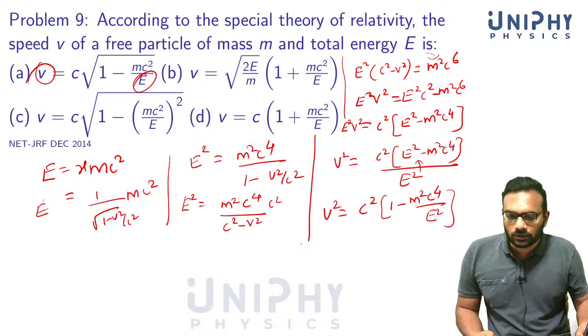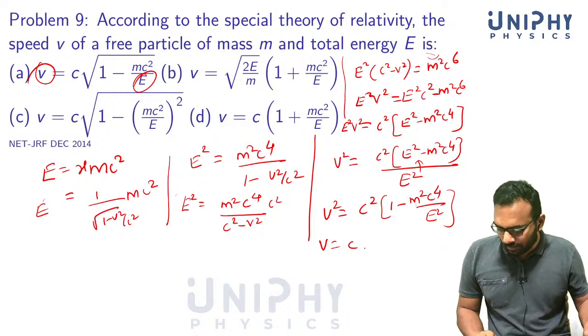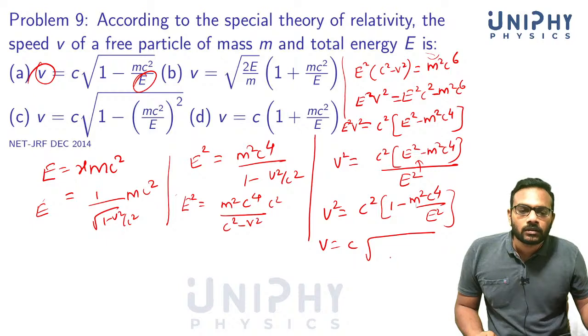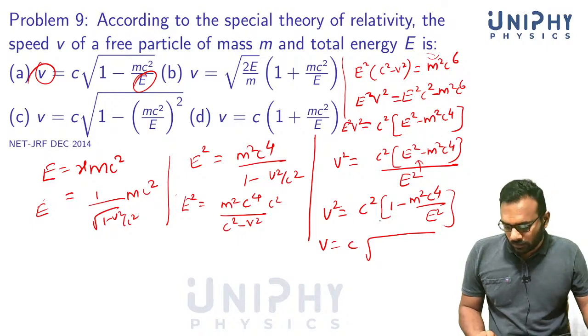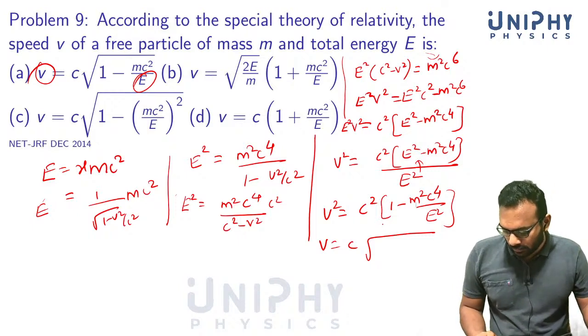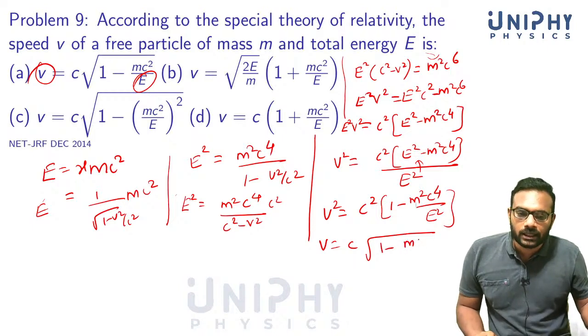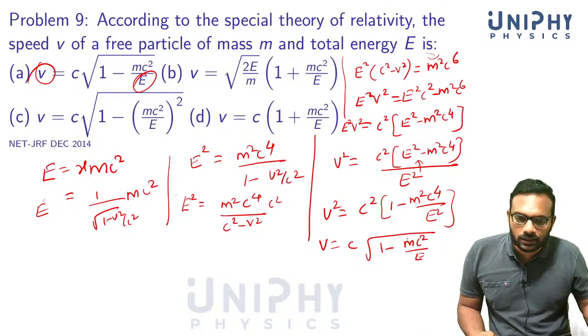Now you take the square root: v is equal to c multiplied by square root of 1 minus m c square divided by E whole square.